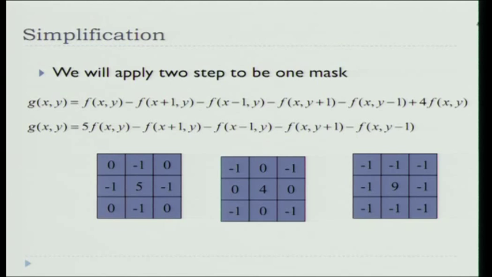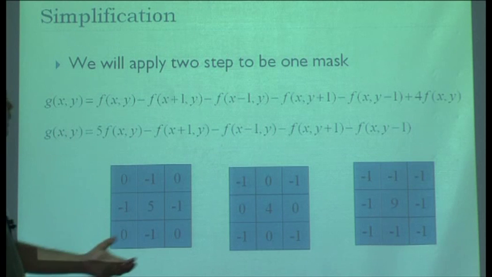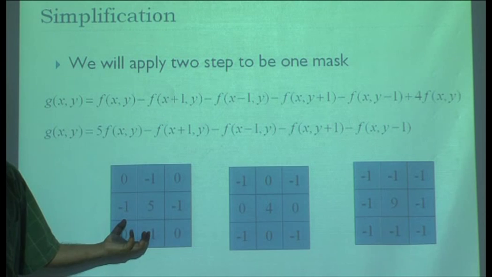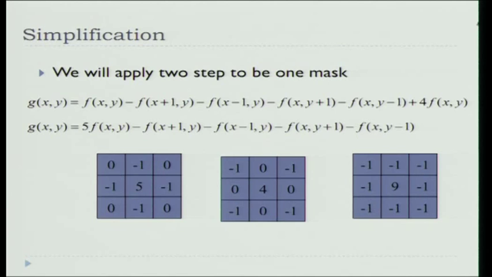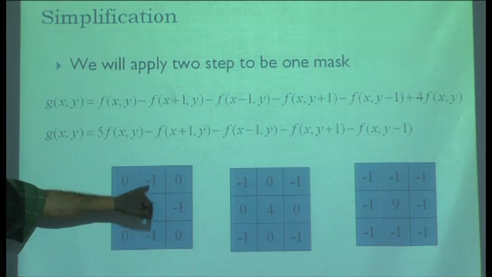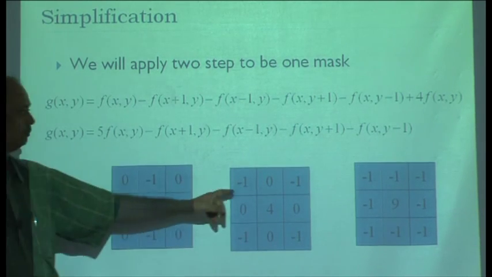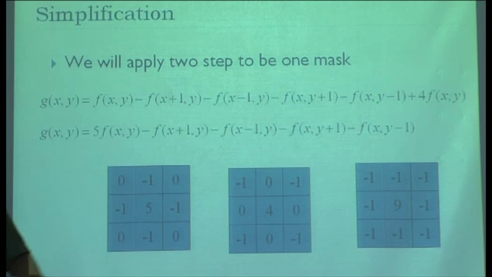Now, suppose I want all 8 directions, then obviously this kernel has to be added along with this. So, finally, we will get minus 1 minus 1 minus 1, minus 1 9 minus 1, minus 1 minus 1 minus 1. You could also have thought that this is minus and these are all plus, so you will get the reverse one.